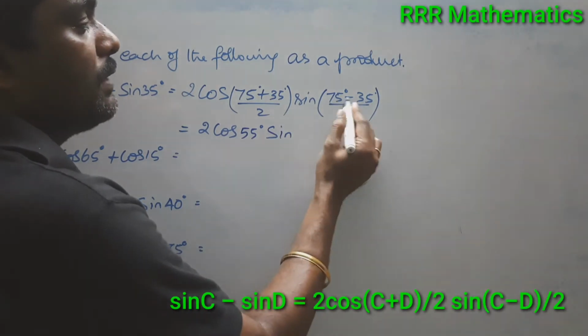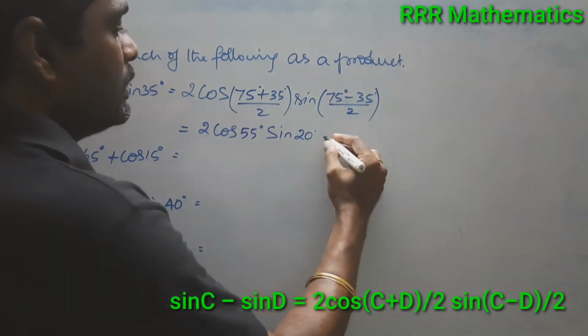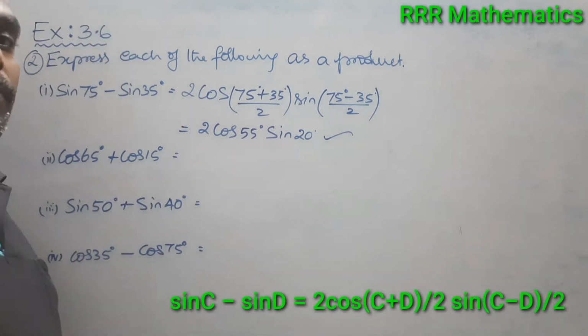Sine of (75 minus 35) gives 40, 40 by 2 gives 20 degrees. So I can write it as a product: 2 cos 55 degrees into sin 20 degrees.